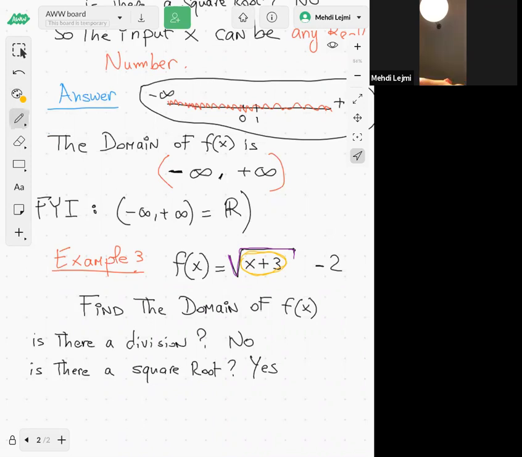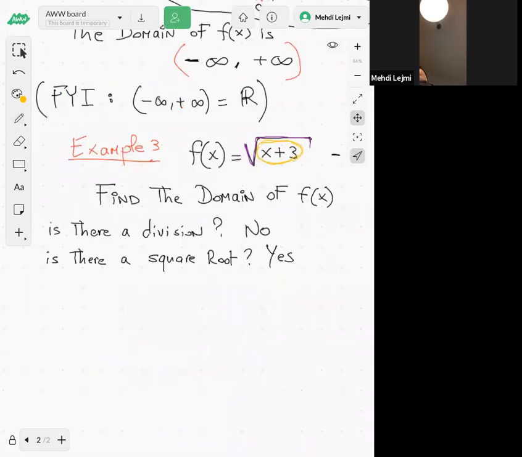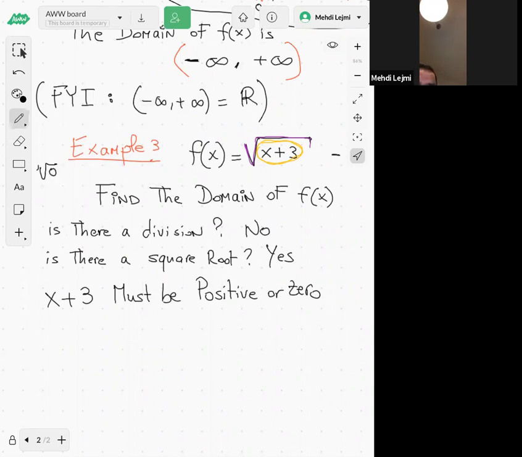So x plus 3 must be positive or 0. It's fine if you have a 0 under the square root. The square root of 0 is just 0, because 0 times 0 is 0.